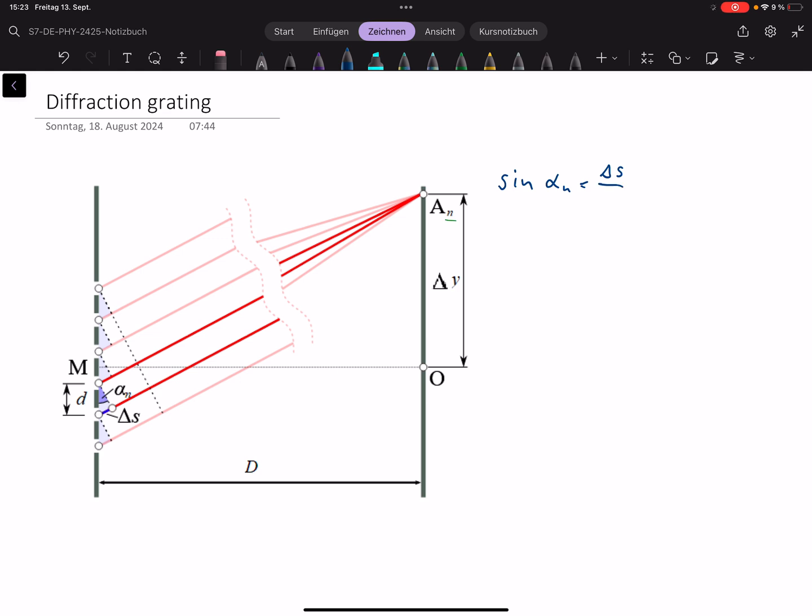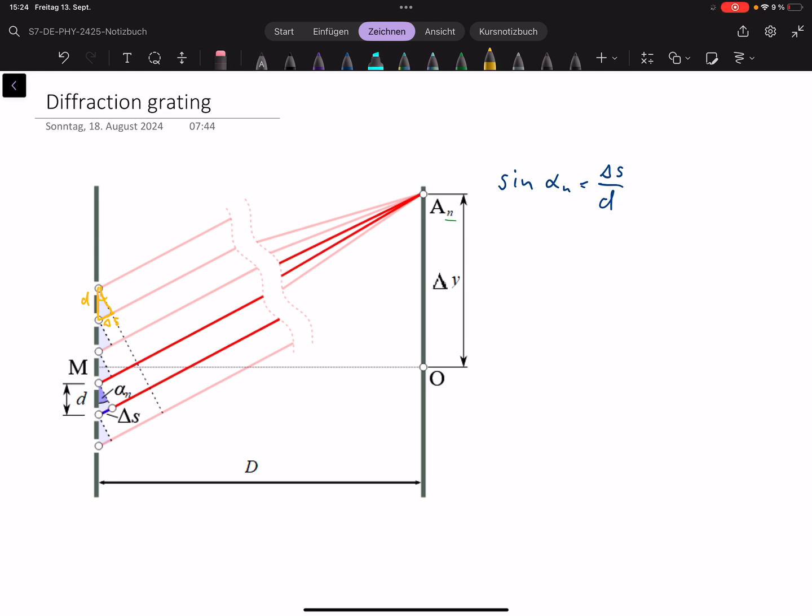I'll explain it again in a second. What we do here is look at one of these little triangles. As you can see further down, we've got the angle alpha n, and the opposite side is delta S, and then we've got the slit separation d. Here's the angle.